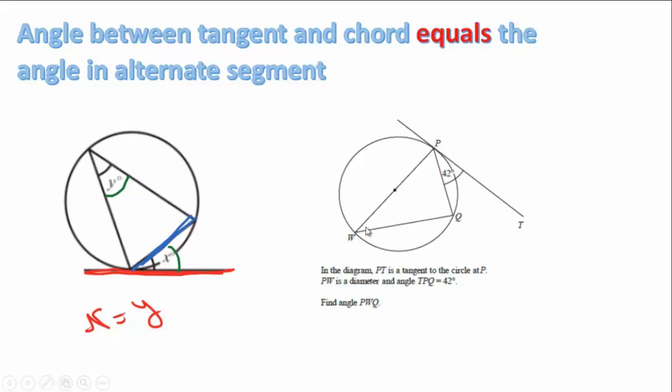So we need to find angle W. Okay. This angle is 42, and immediately we can say that it's equal to this angle because it's the alternate segment angle. So angle PWQ equals 42 degrees.